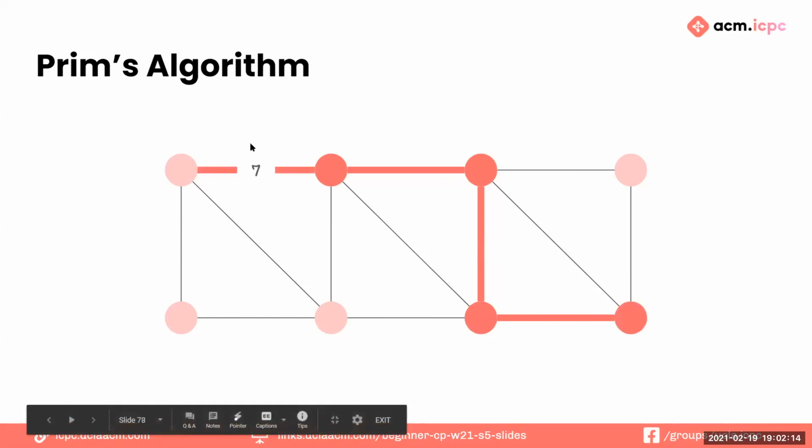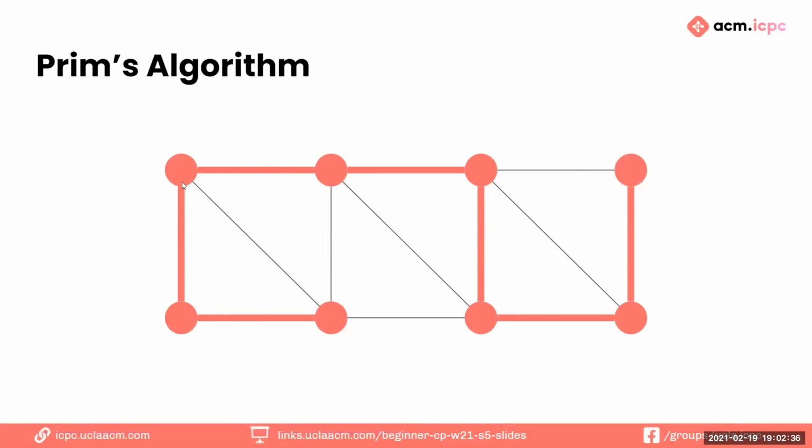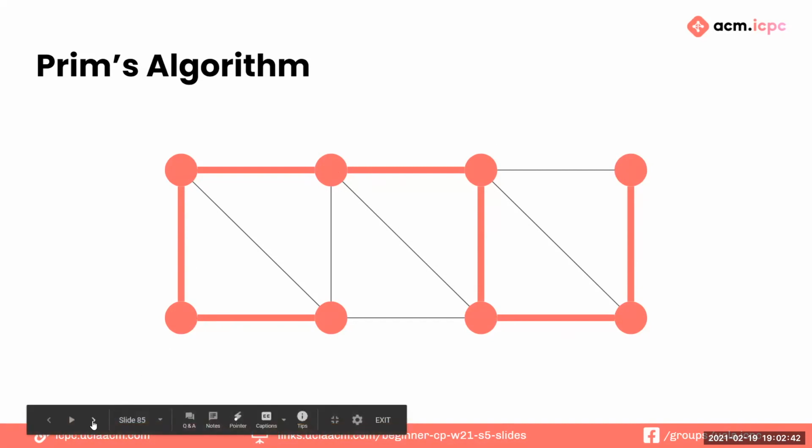Now 7 becomes the minimum, so we include 7, and then we include this vertex. 1 is the minimum edge. 4 is then the minimum edge. And then 9 becomes the minimum edge. After that, we have gone through and we have no more edges that we can look at, which means we are done. We have a spanning tree. And not only that, it's the minimum spanning tree.